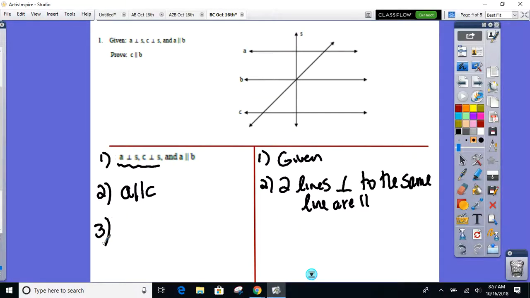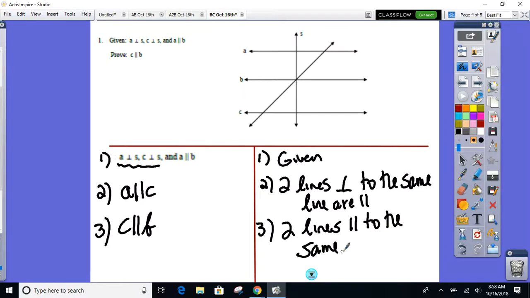And what conclusion do you get from that? C and B are parallel. C parallel to B. Two lines parallel to the same line are parallel to each other. You can just stop at are parallel or are parallel to each other.